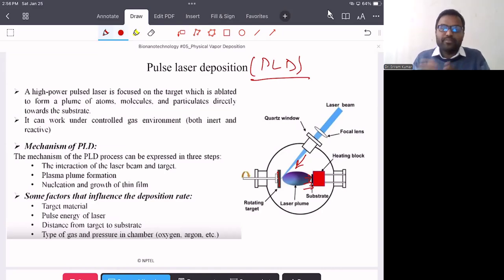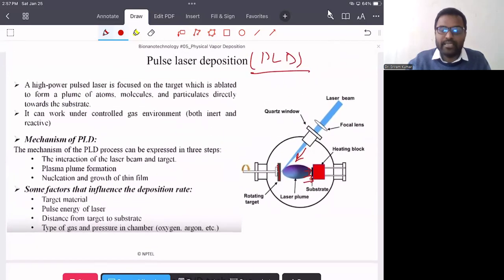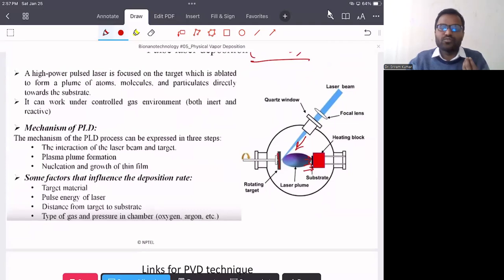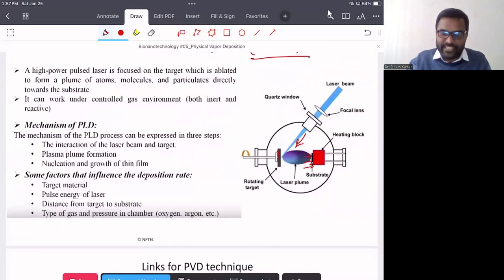So till now we understand different PVD techniques, which differ in the methods used to turn the target material into the vapor phase: thermal, electron beam, or laser. Using these we can get a good thin coating of material from 2 to 5 micrometer thickness.